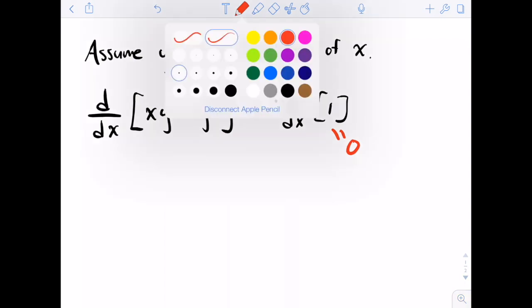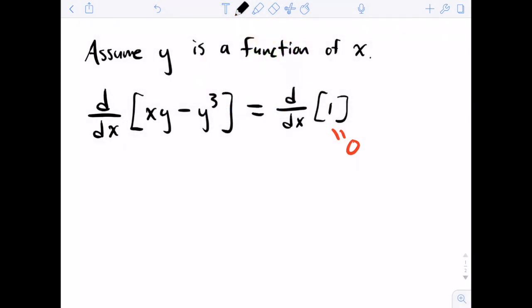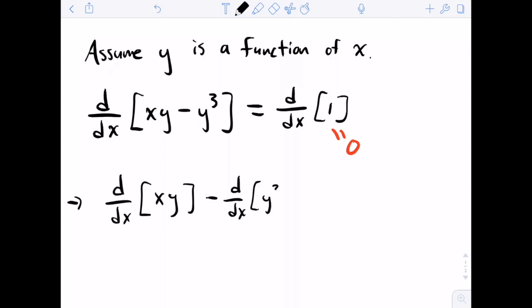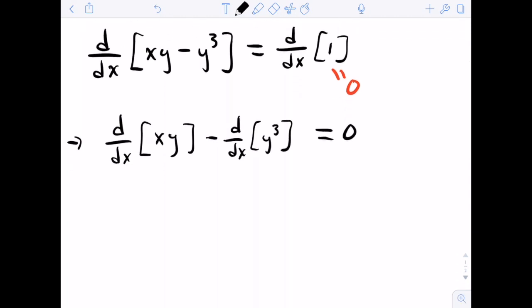And then just to simplify this a little tiny bit, remember that we can use the sum rule here and say this is the same thing as the derivative of xy minus the derivative of y cubed, and this is equal to 0 from what we just talked about above, right?